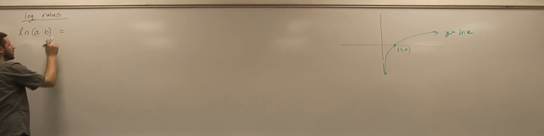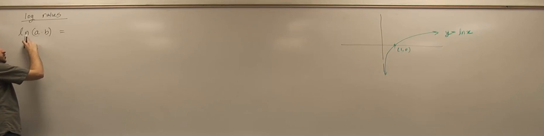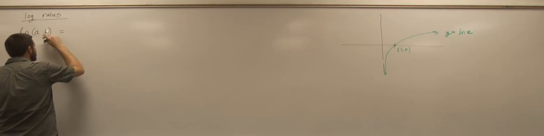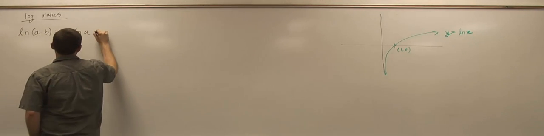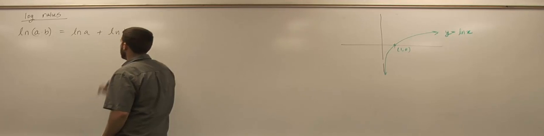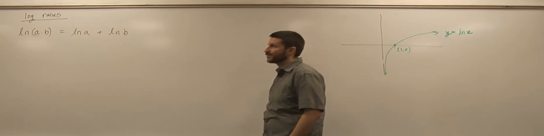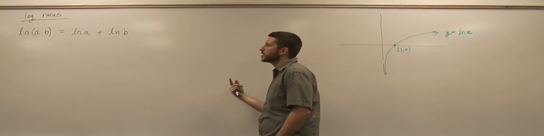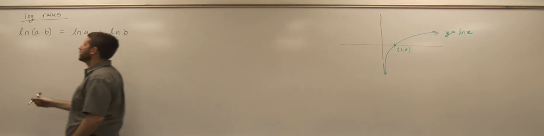The natural log of a product on the inside becomes a sum outside. If you have a product inside a log, you can break it into a sum outside.